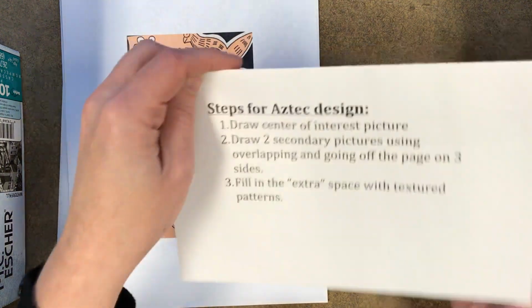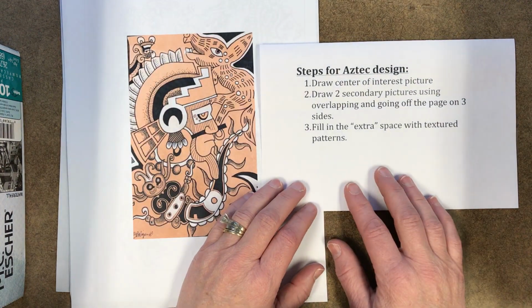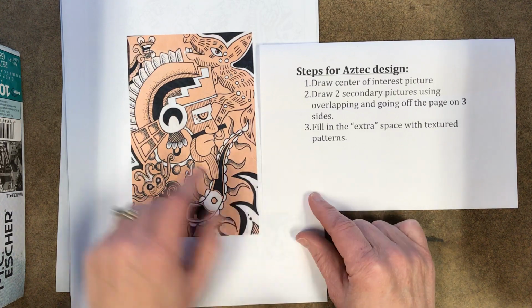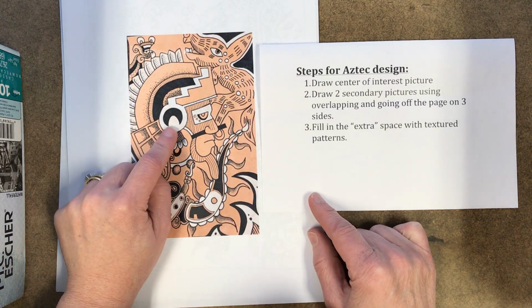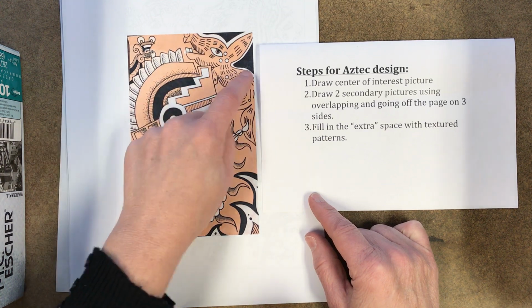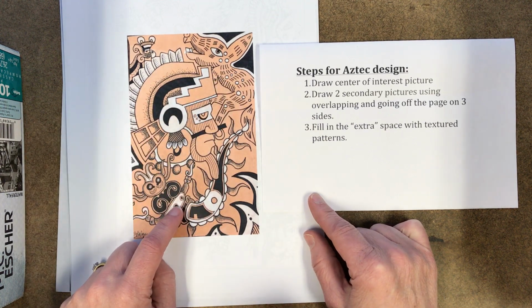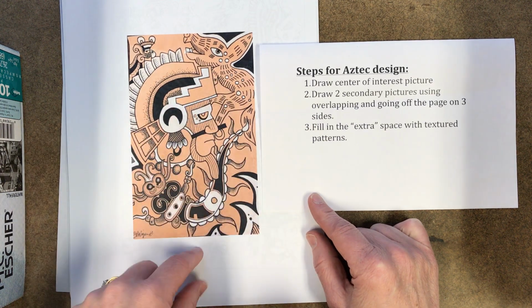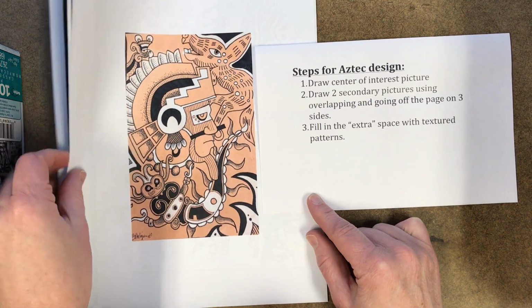So how this works is you'll have some steps. You'll draw your center of interest picture first, then you'll pick two secondary pictures, and then you'll do some overlapping and some filling. I'm going to walk you through it.